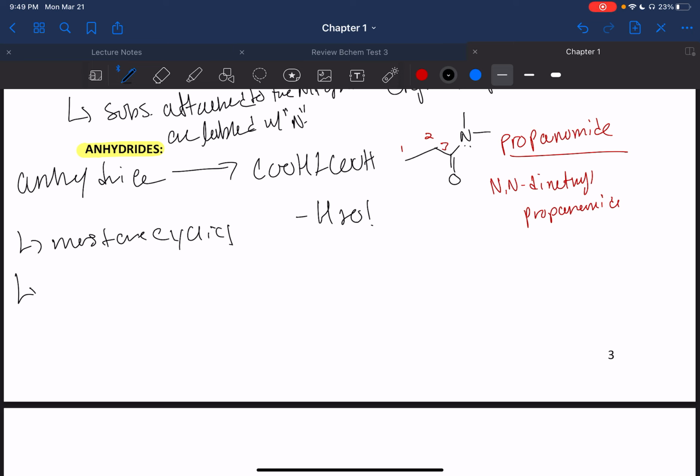Named by replacing. So we said it was a carboxylic acid derivative, so originally it had oic acid. We're going to change oic acid to anhydride.